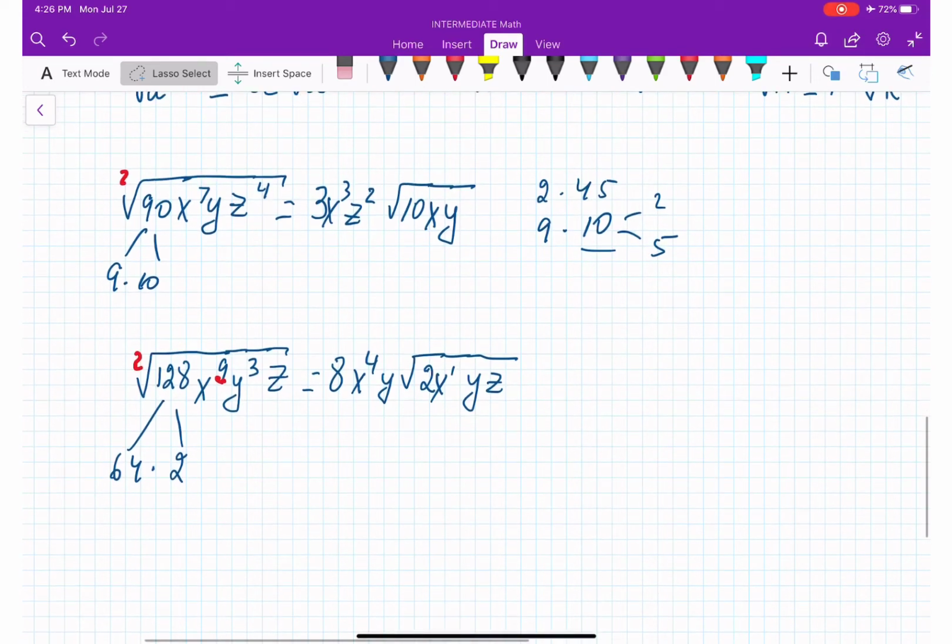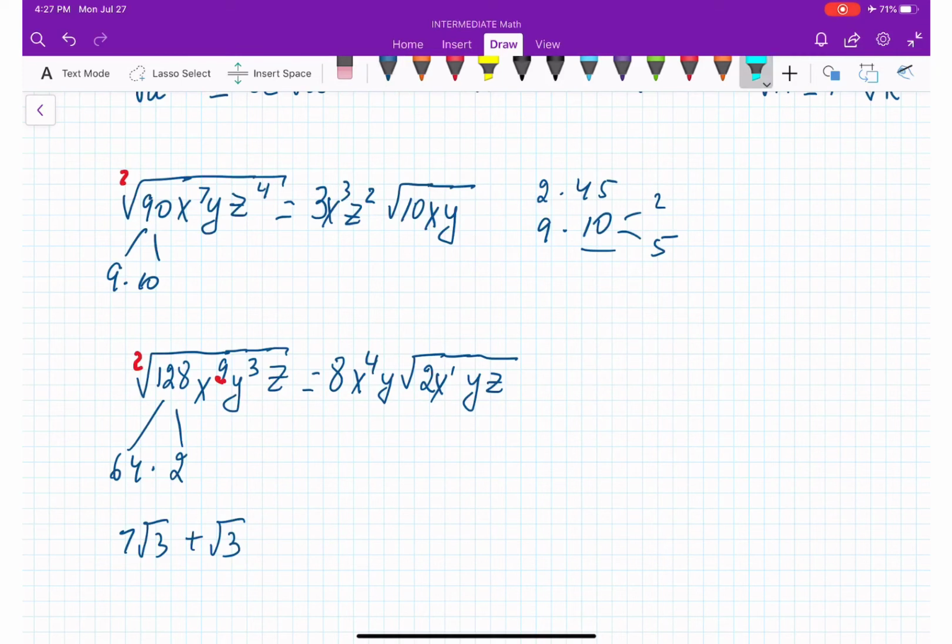Now let's do addition of radicals. 7 square root 3 plus square root 3. To be able to add radicals to each other, we have to have the same radical.